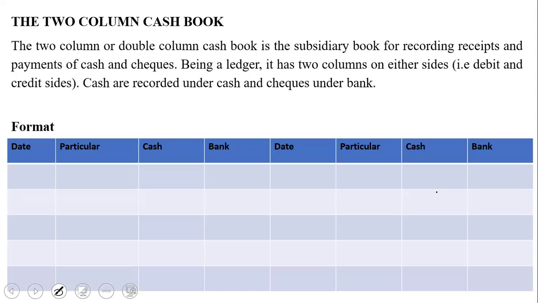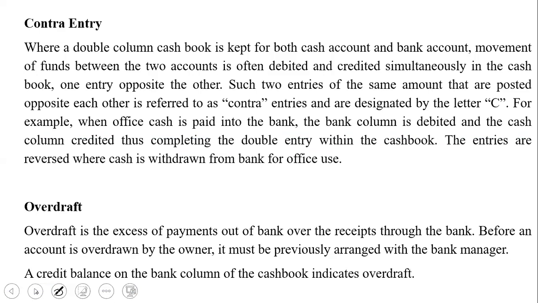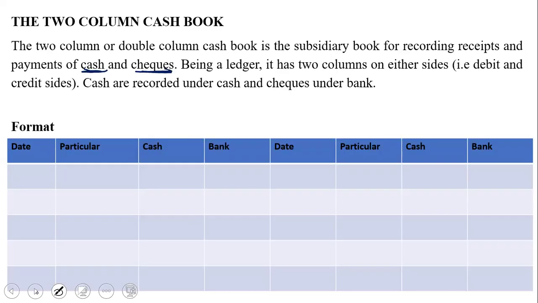I said if you have the transaction to be bank and cash, that means an organization that is operating with cash and bank, it means you are going to have two columns. So we need to be very careful.